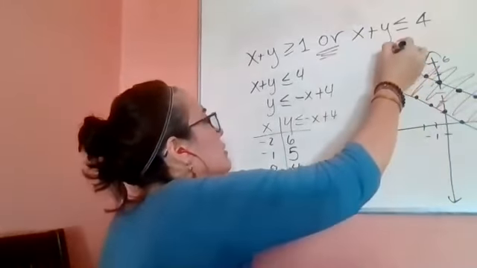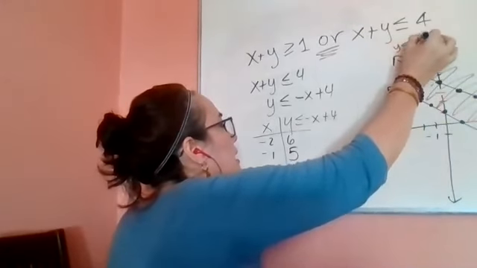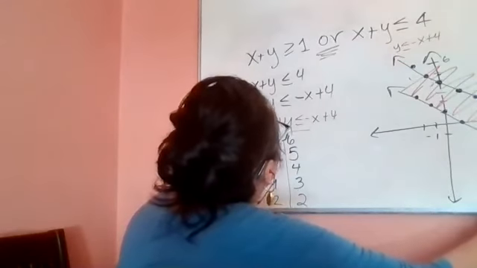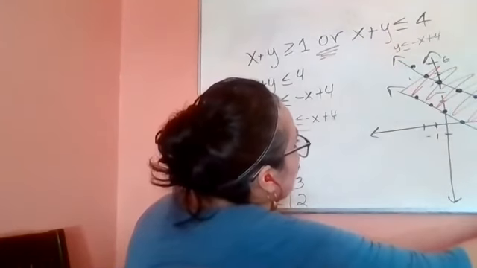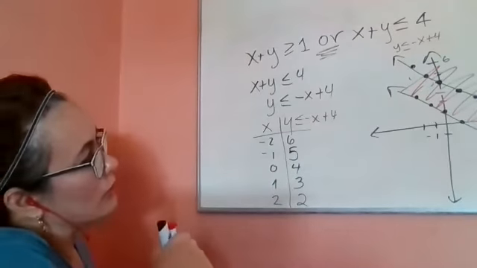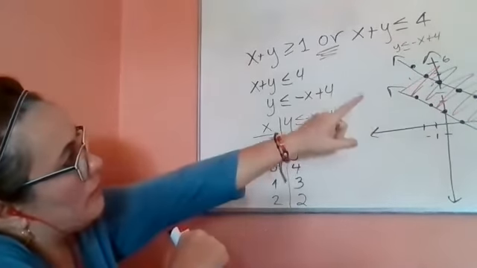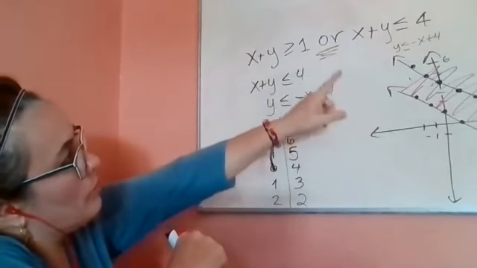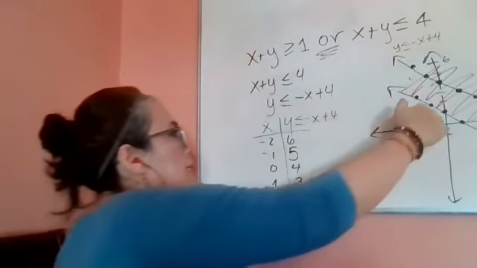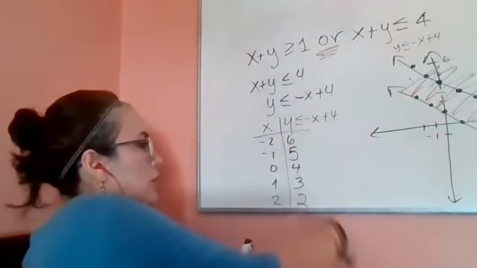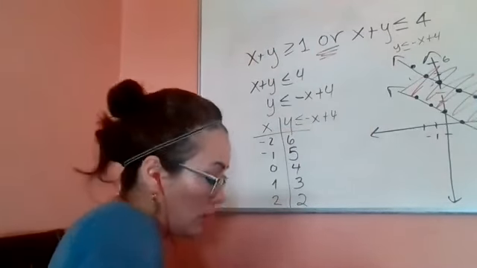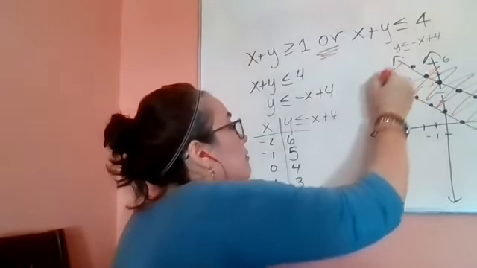Okay, remember this is y is less than or equal to -x plus 4, and this one is y is greater than or equal to -x plus 1. As you can see, they look like two parallel lines, and I can check it because they have the same slope, -1, right? So this one says above the line, but the second one says below the line. So I'm going to do the other one below the line.